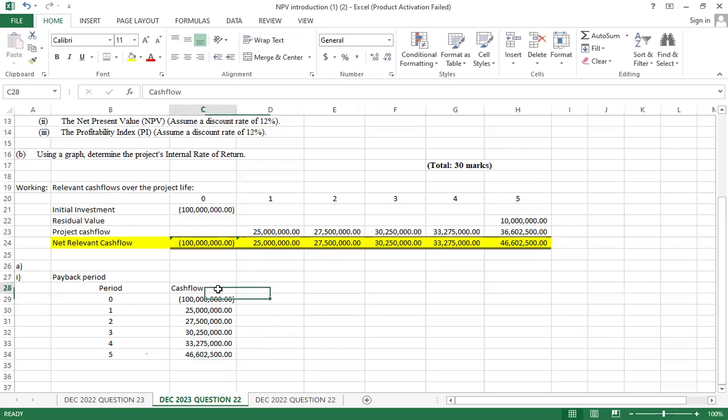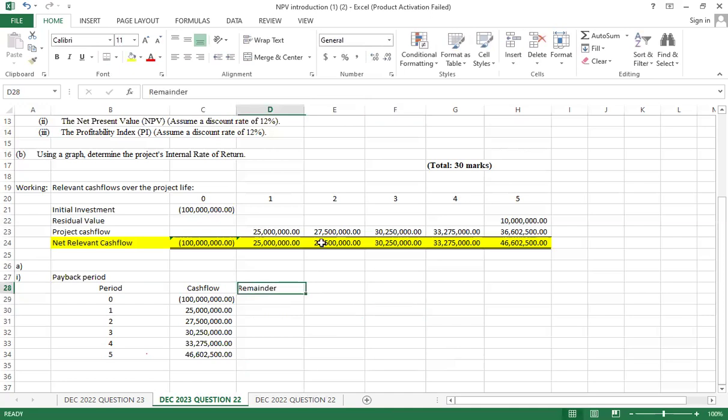Now, if you want to compute a payback period, and please pay attention so that we proceed together, to this summarized info I will add a column which I will call remainder.